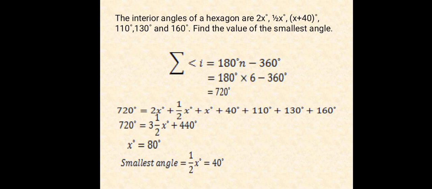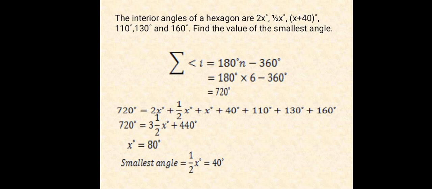The interior angles of a hexagon are 2x, a half x, x plus 40, 110, 130, and 160. Find the value of the smallest angle. We know the sum of interior angles of an n-sided polygon is given by 180 degrees n minus 360. So this polygon has 6 sides. It's a hexagon.